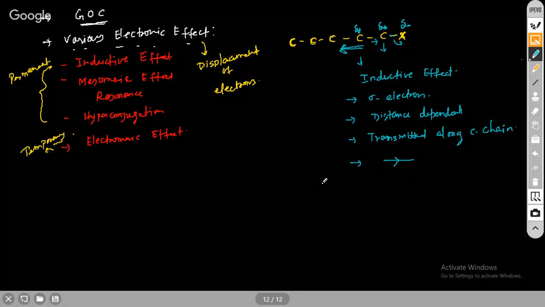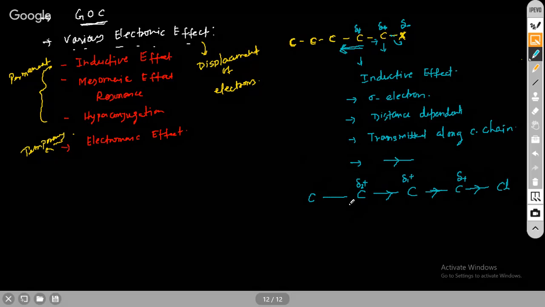If you see this, 1, 2, 3, 4, and 5, this is chlorine, so chlorine will drag electrons towards this side. This also drags electrons, this also drags electrons, and like this it goes. So it is delta plus, delta 1 plus, delta 2 plus, like this. So positive charge density continuously decreases here. This is the characteristic of sigma, or what we say, I effect.